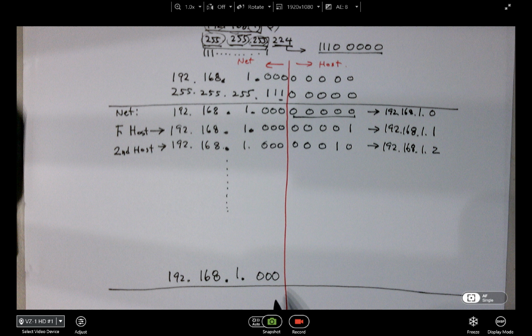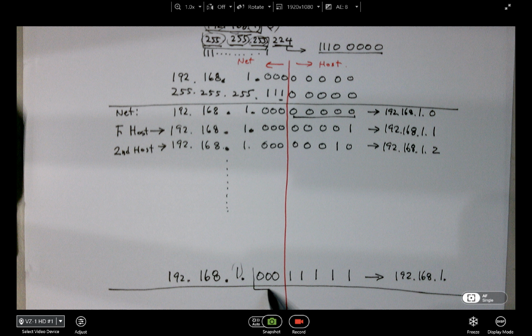And you know that for the broadcast address, my host portion is going to be all ones. It's filled with all ones. So it's going to be 1, 1, 1, 1, 1. So my broadcast IP address is 192.168.1 dot 111.